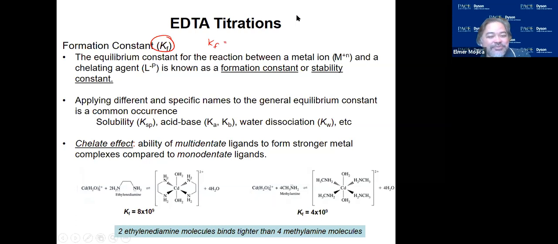Ksp, Ka, Kb are all to the negative, but Kf is the only one that is to the positive. So how do you interpret these values, 8 times 10 to the 9 and 4 times 10 to the 9? Which is the stronger complex between the two? Anyone?